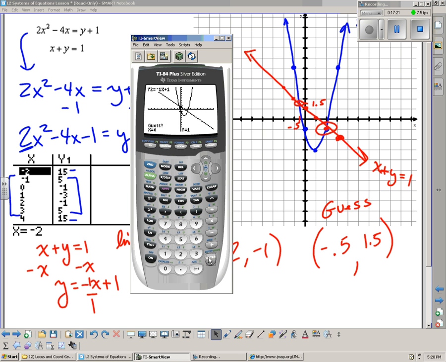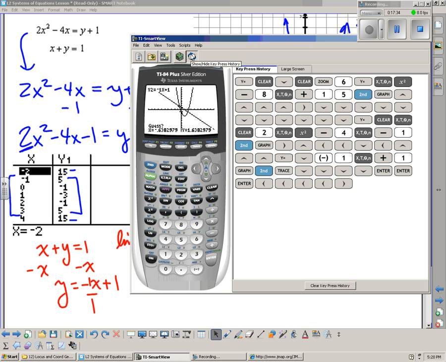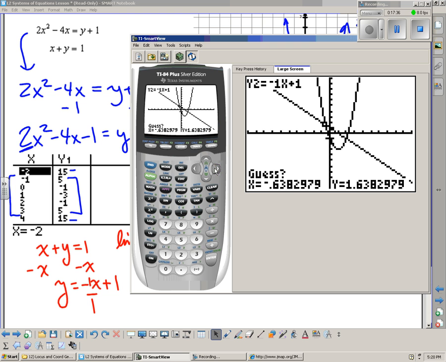Okay. And then the calculator asks for a guess. At the guess, I want to scroll over. You can use your left and right arrow keys to scroll over. Let me make this a little bigger, actually. I want to scroll to this. And guess is a question.